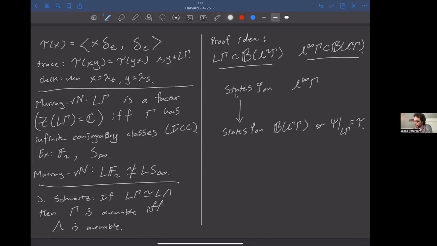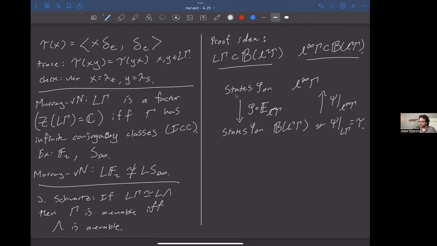To go from states to states on B of L2, we have a natural conditional expectation from bounded operators to this diagonal subalgebra. If you like, this is just compression to the diagonal subalgebras. If you think of these as matrices, this is just restricting to the diagonal entries, and that's exactly this conditional expectation. Then we can compose it with this phi, and we get a state here, which is the trace. And you can also go back just by restriction, viewing L infinity inside there.